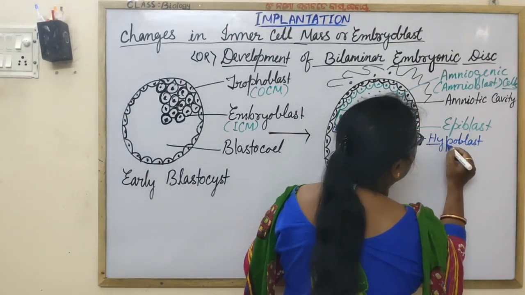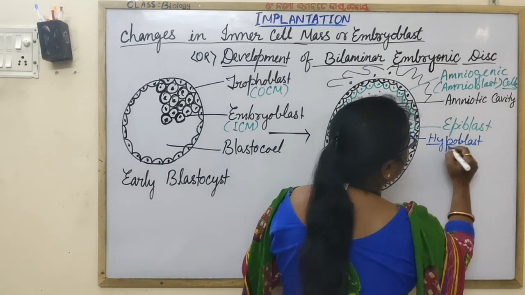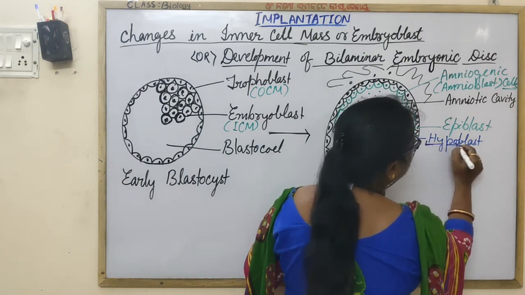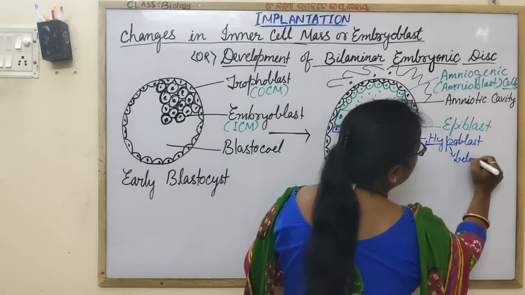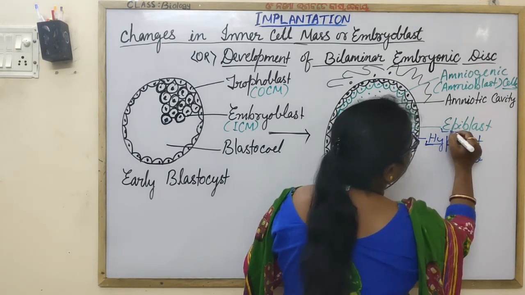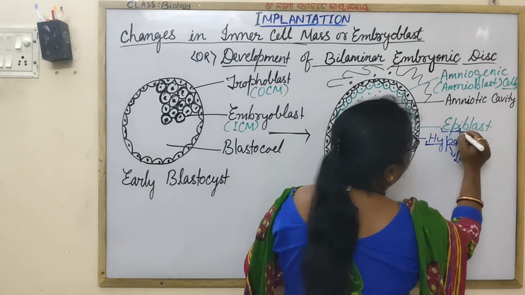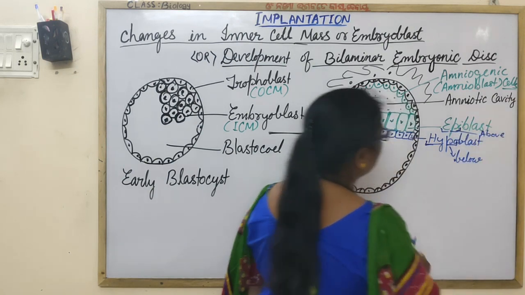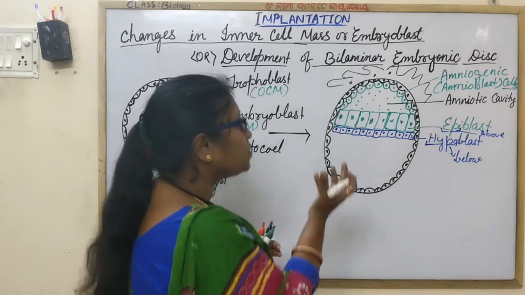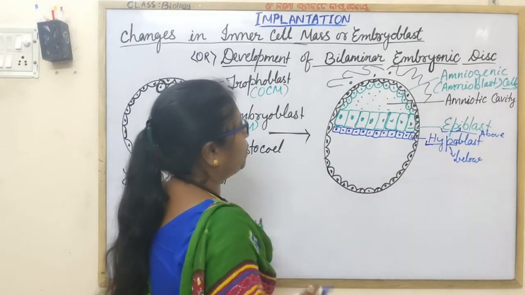Hypo means below. Epi means above. The above layer is epiblast, the lower layer is hypoblast.